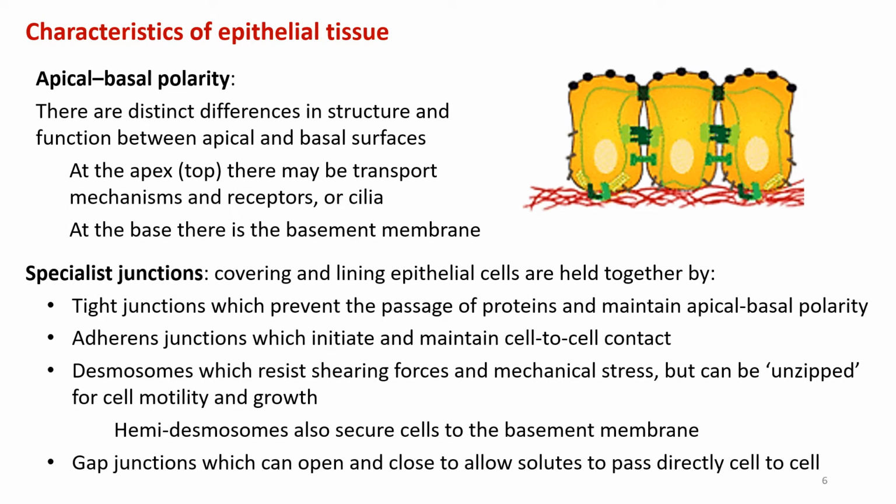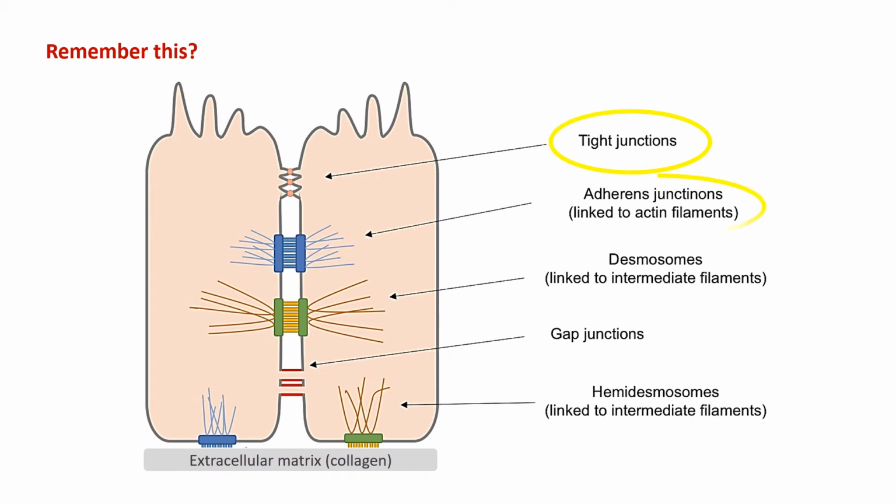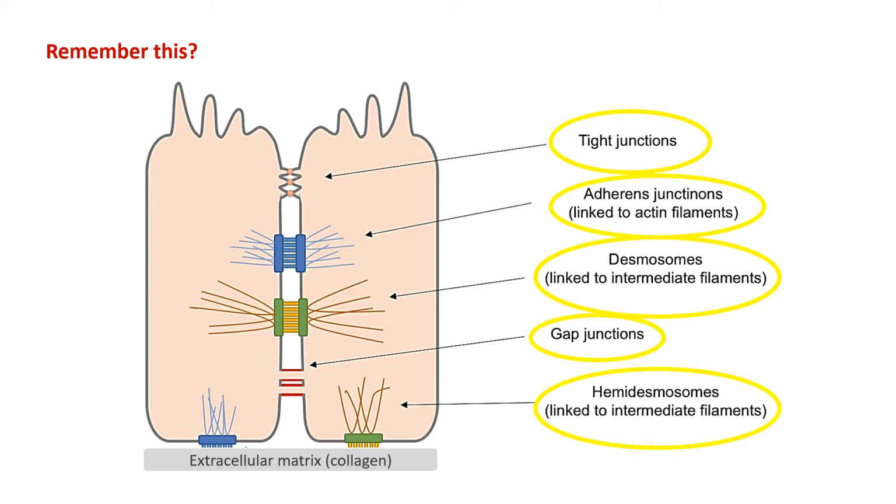So they don't have to go out of the cell or enter each cell individually. They can flow between cells. So we talked about tight junctions before, and we talked about adherens and desmosomes and gap junctions, and here they all are. And in epithelial tissue, they are very important.